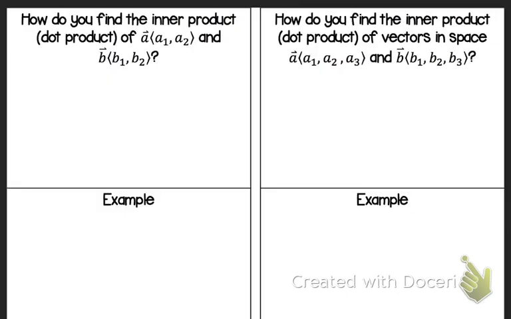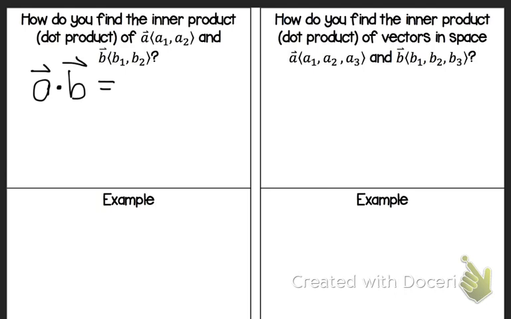Alright, so when you're finding the product of two vectors, we actually have two different products you could find. The first one is called the inner product, or more commonly known as the dot product. Okay, so if you have two-dimensional vectors a and b, to find the dot product, it's written like this, a dot b.